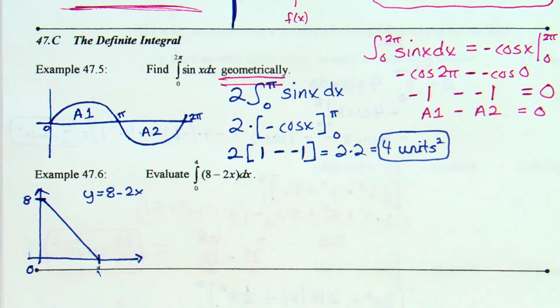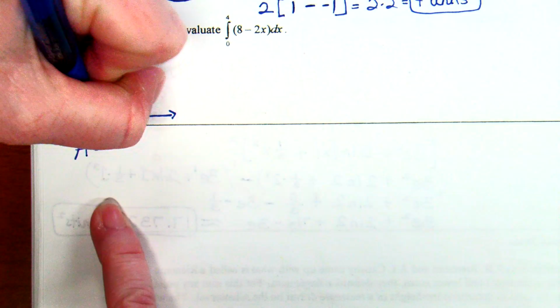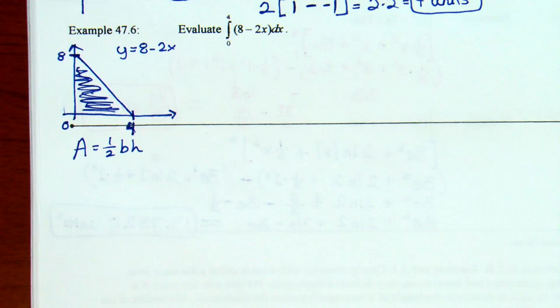What are we asked to do? The area under the curve of 8 minus 2x from 0 to 4. It's a triangle. And this is where I said middle school elementary math. How do you find the area of a triangle? Okay. Daryl says BH over 2. I say 1/2 BH. We're talking the same language, just different forms.